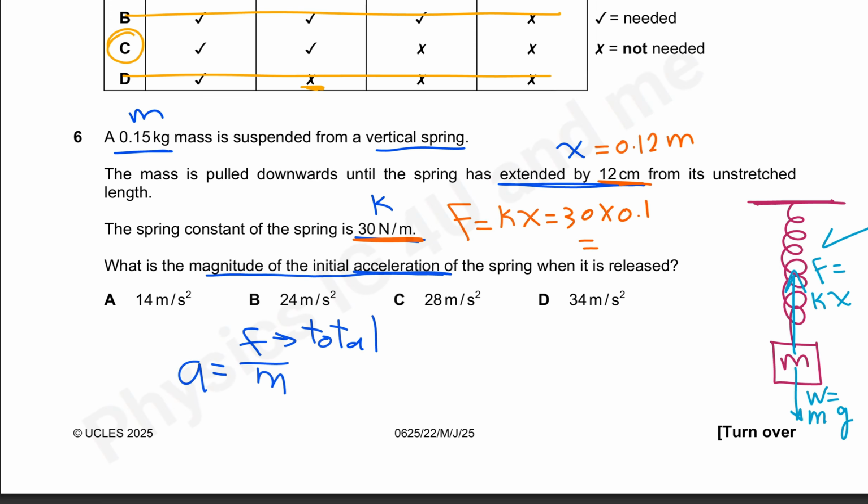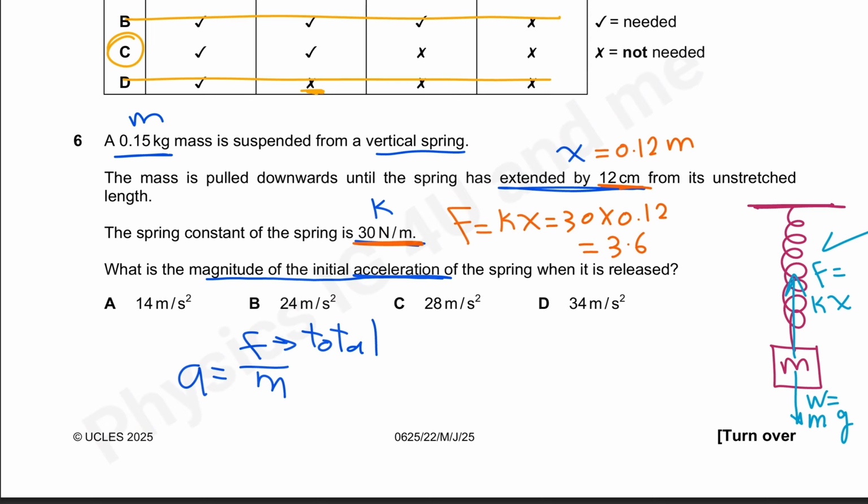So the answer will be 3.6 Newton, right? So this is the pull of the spring.